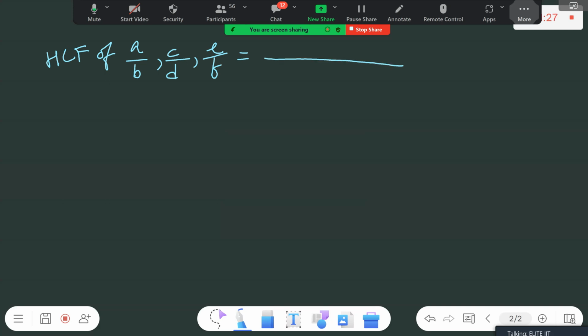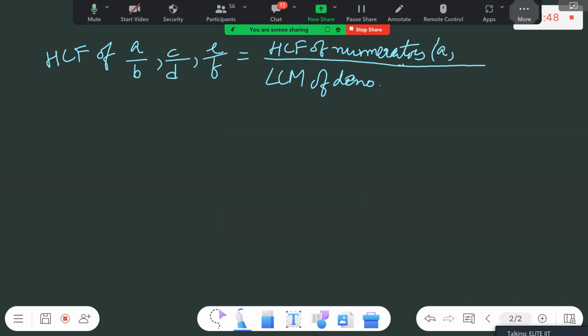It will be HCF of numerators divided by LCM of denominators, isn't it? The numerators here are a, c, e and the denominators are b, d, f.